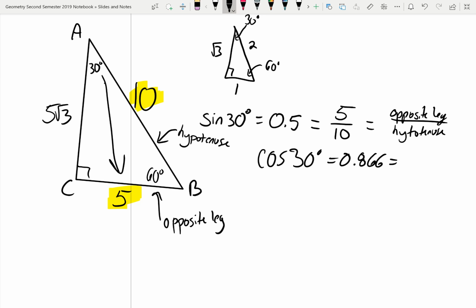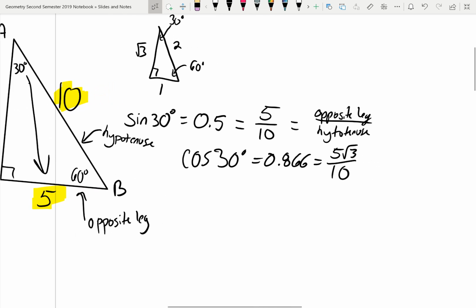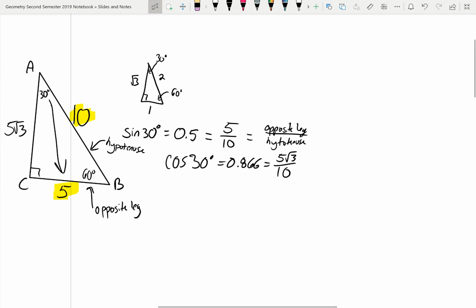And when you take these sides and divide them, you'll find that's the same as 5 root 3 over 10. So cosine of 30 is equal to a ratio; well, 10 is the hypotenuse, we know that. But what about 5 root 3? Well, that's a leg of the triangle, and we're going to call that the adjacent leg.